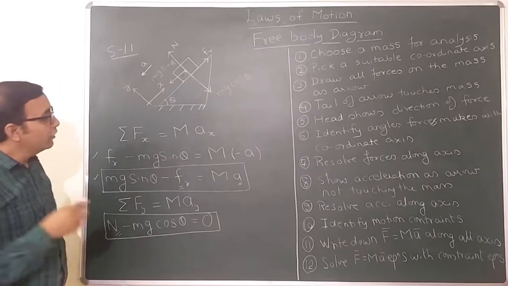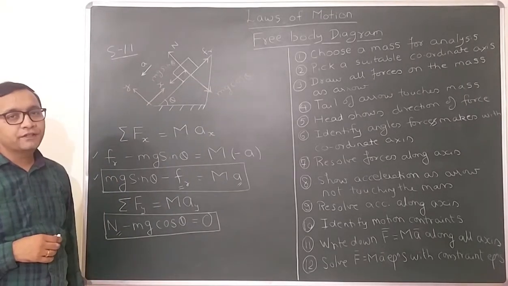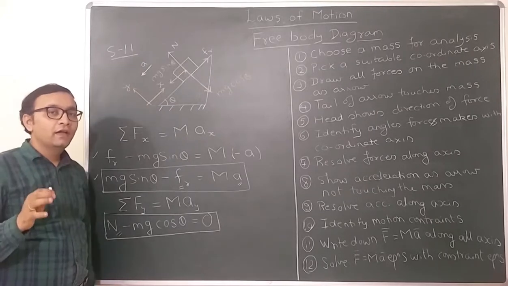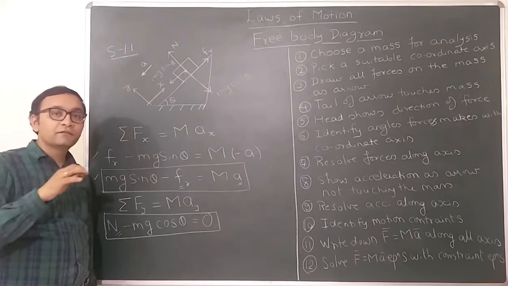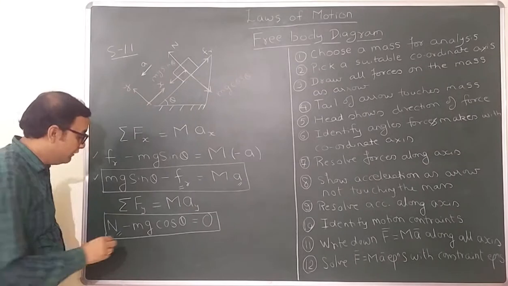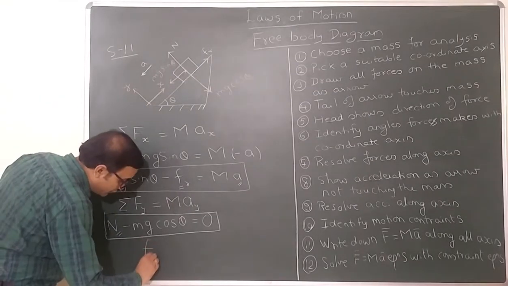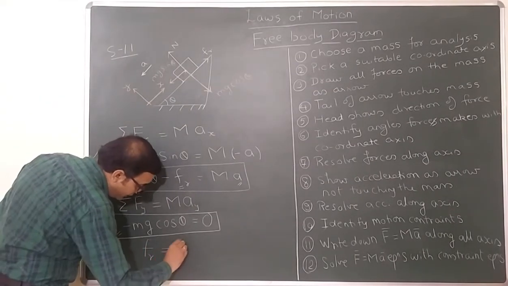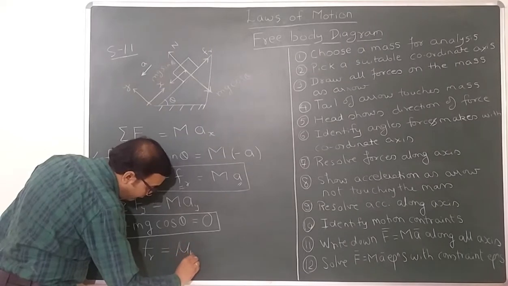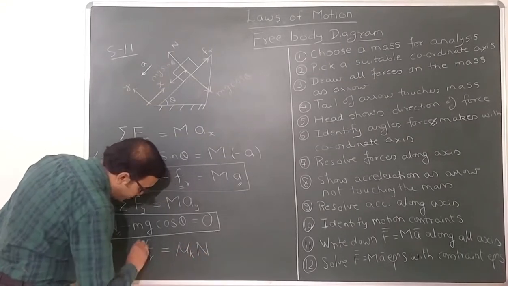So for the third equation, we have to go back and remember the things which we have learned about forces. We have learned that if an object starts to move, then friction must be equal to the kinetic friction coefficient times the normal reaction.